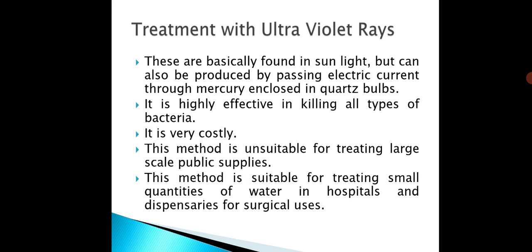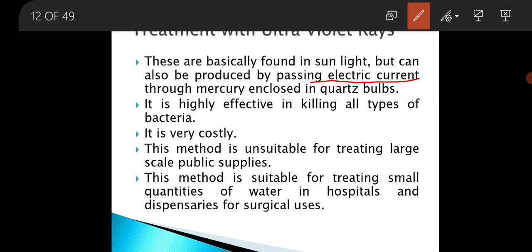Next treatment is with ultraviolet rays. These ultraviolet rays are basically found in sunlight, and can be produced by passing electric current through mercury enclosed in quartz bulbs. This method is highly effective in killing bacteria, but it is very costly, and there may be possibilities of interruption due to failure of electricity.